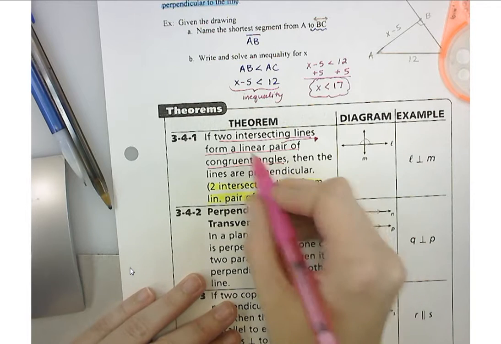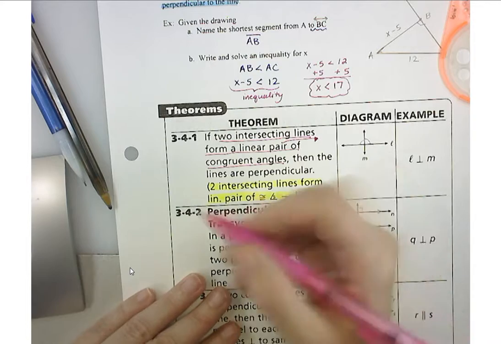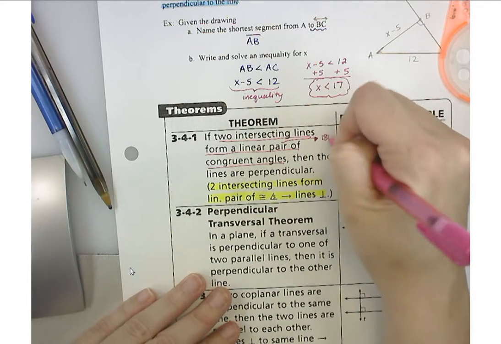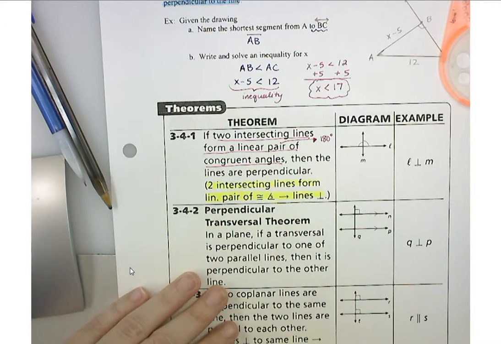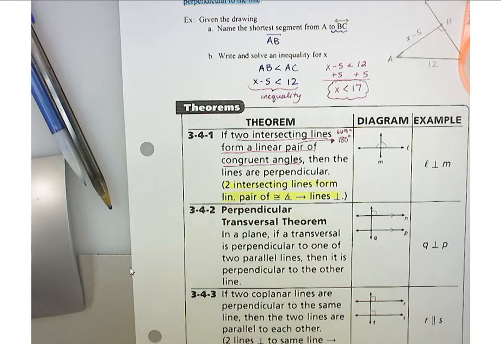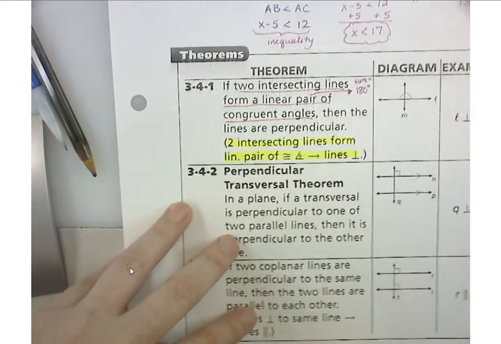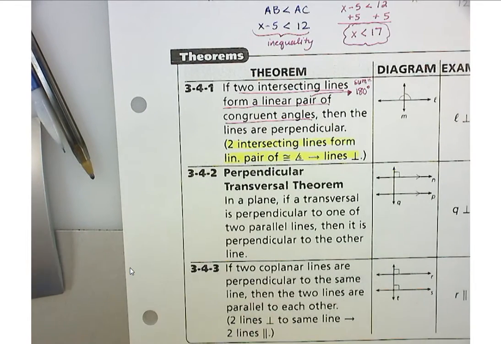Okay, so linear pair, they're going to be two angles that make up a straight line. Together they have to be 180 degrees. Okay, their sum. Okay, now if they're congruent angles, Nia, if we have congruent angles, what does that mean? They're the same. Okay, so if they're the same and they add up to 180, Griffin, what do they have to be?